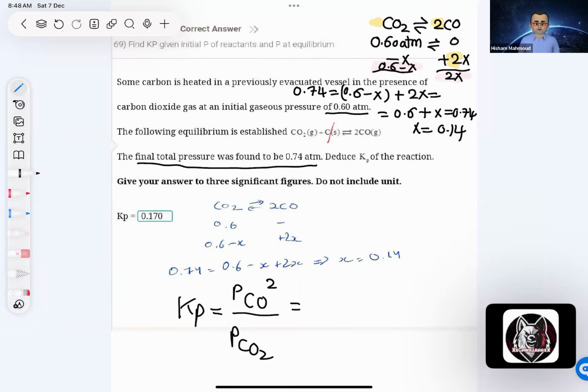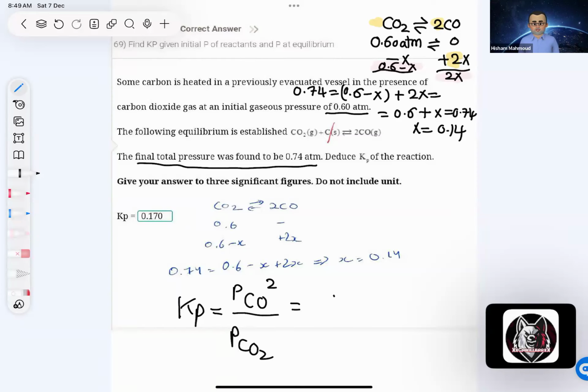How will we calculate it, Miriam? 0.6 minus 0.14. Is this the product, which is CO, or 2x? That's the reactant.